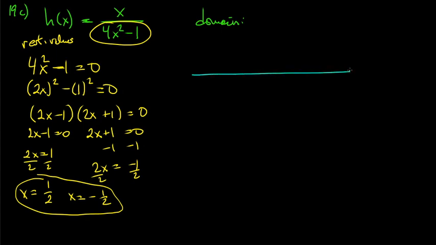What's the domain? The domain is everything else, right? So I'm just going to put a little hole here, a little hole here. So we want to exclude negative 1/2 and positive 1/2. So the domain is everything else. Everything, let's see, less than negative 1/2.